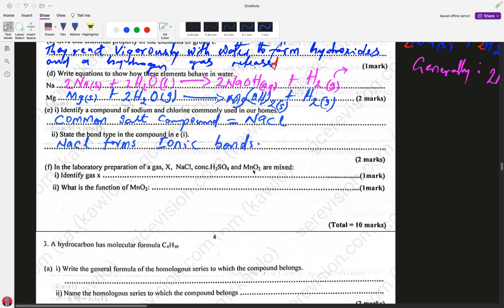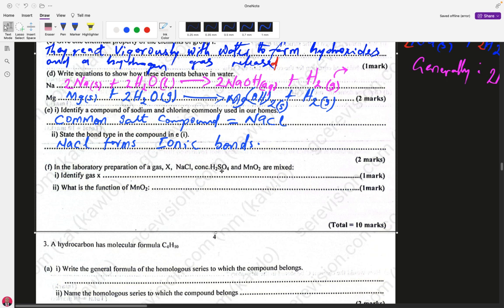It helps to oxidize chloride into the chlorine gas that is being produced. Meanwhile, the concentrated sulfuric acid is used to absorb the water that is being produced in the reaction. If you go to the paper 1 question, you saw we discussed this there.